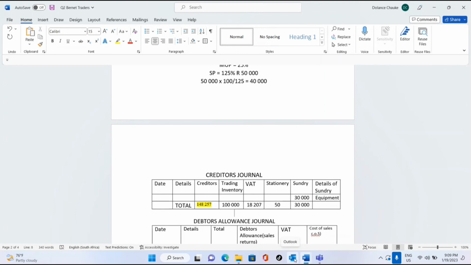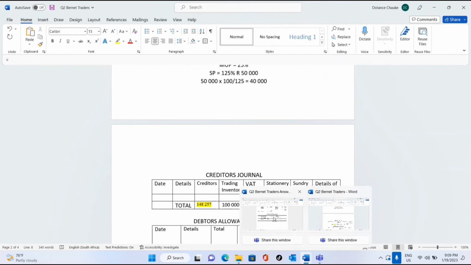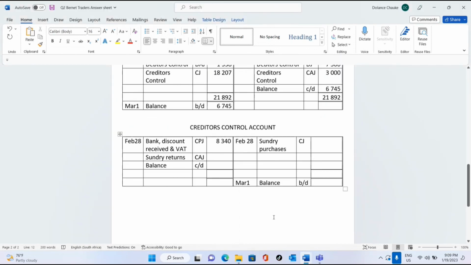So we are going to take that one to our answer sheet and record it. It's 148,257.